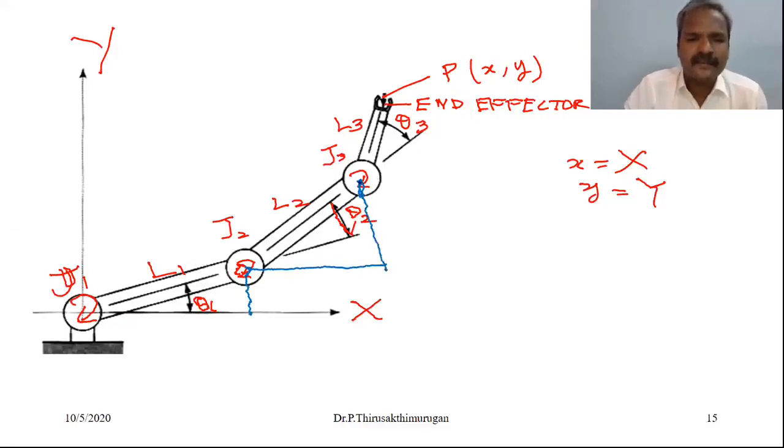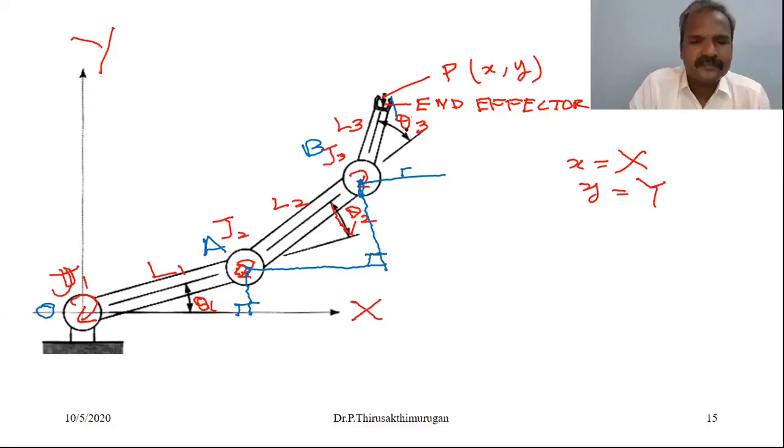Then you have a third right angle triangle for the third joint. So we can form three right angle triangles. For the first triangle, name this origin O, this joint A, O2, joint B, and P is the end effector.